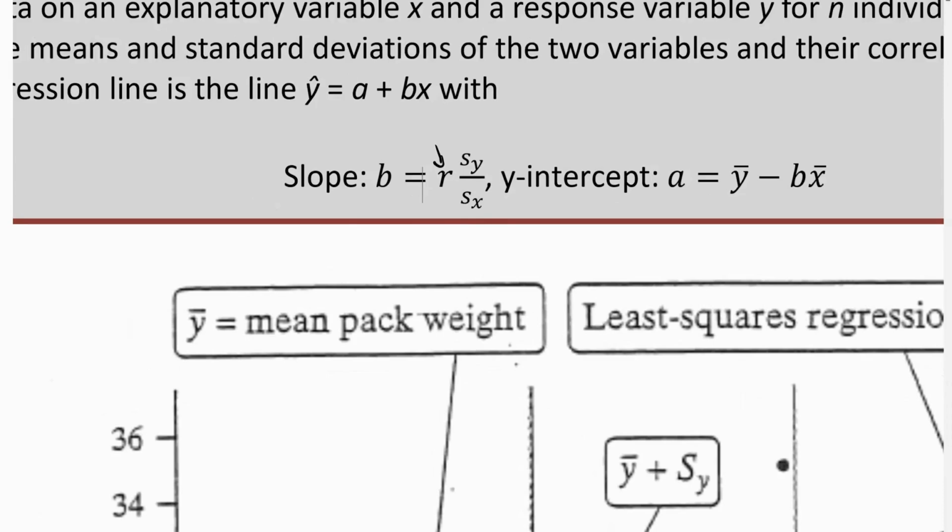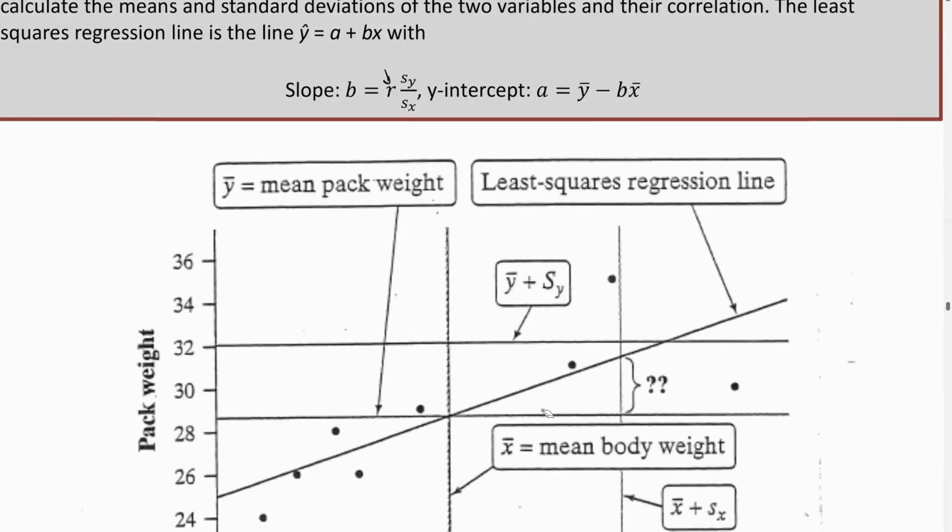Now, in order to find the A value, the y-intercept, there is an assumption made for the least squares regression line that there's one known point that has to be on the regression line, and that is the average of all the x's and the average of all the y's.